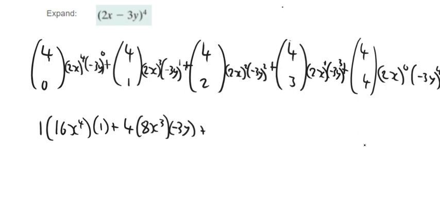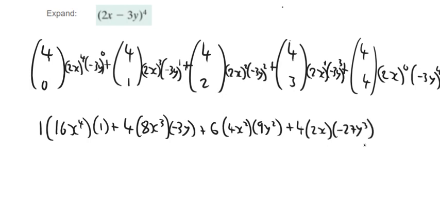So see, these are harder than the last one. Plus 4 choose 2 would be 6. 2x squared is just 4x squared. Minus 3y all squared would be positive 9, because minus 3 times minus 3 is positive 9. So 9y squared, plus 4 choose 3 would be 4 times 2x times, and it'll be minus 27y cubed, because I have to cube the minus 3.